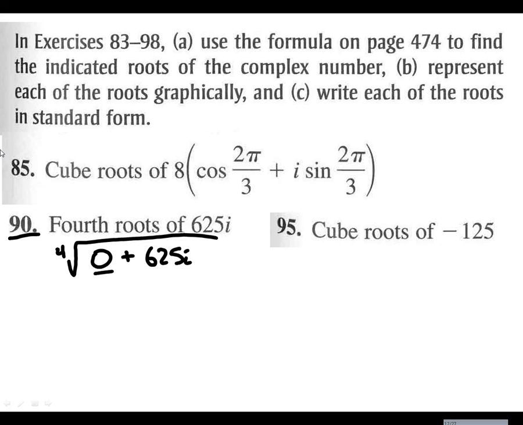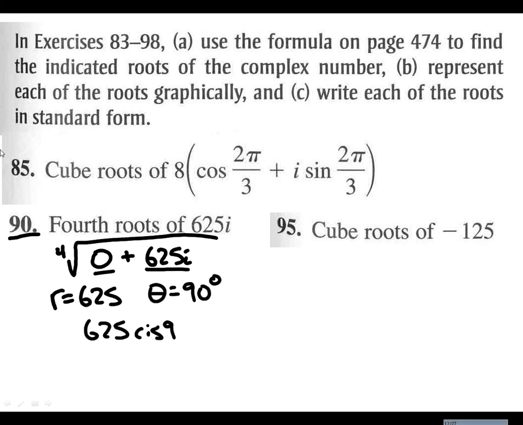Since there's no real component, that's also going to be our r if we do the distance formula. So r is 625. If we go nowhere sideways but just up, that's going to give us 90 degrees. We're going to be at 90 degrees here. All right, so we've got 625 CIS 90 degrees.